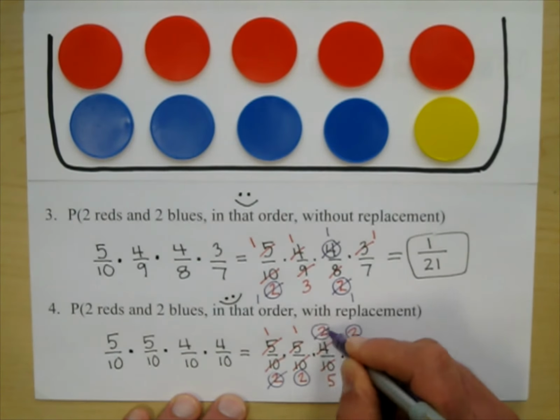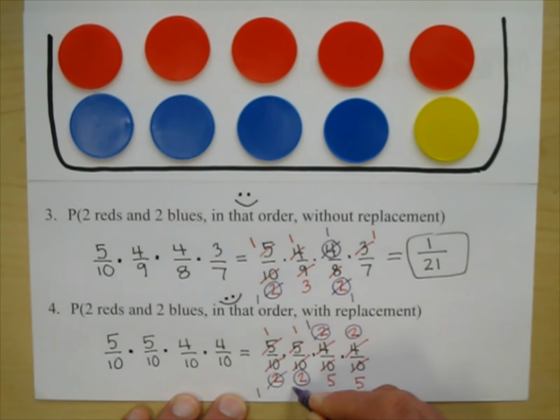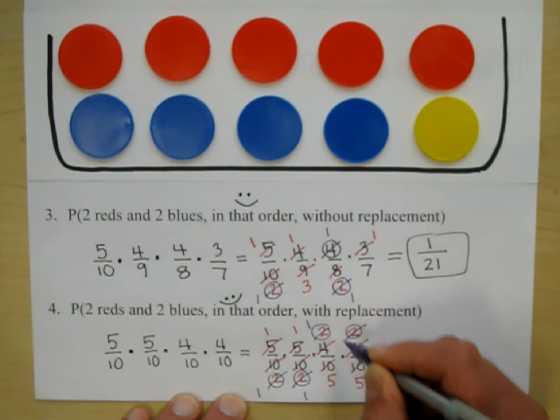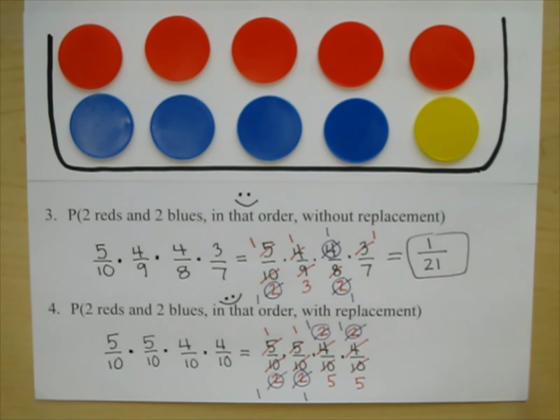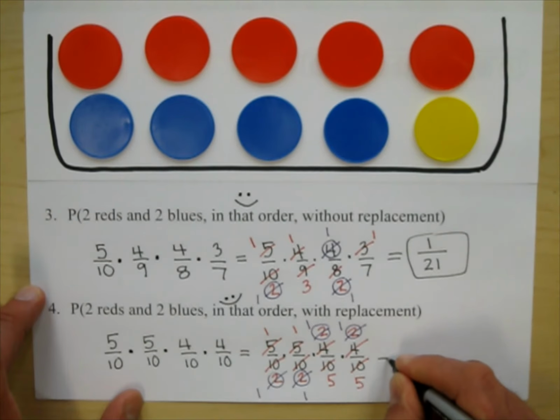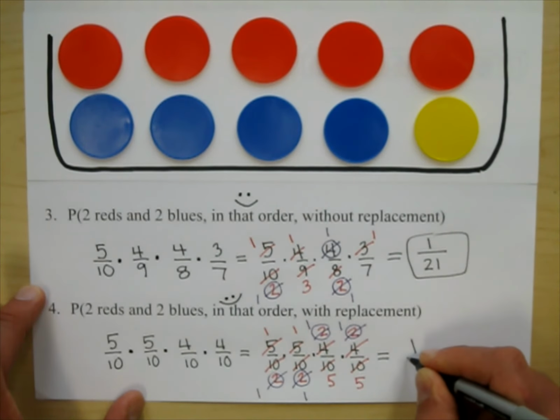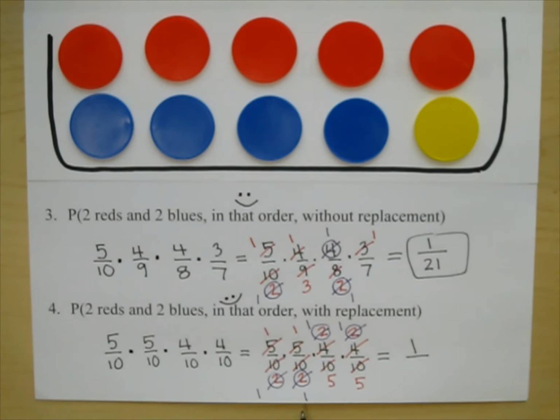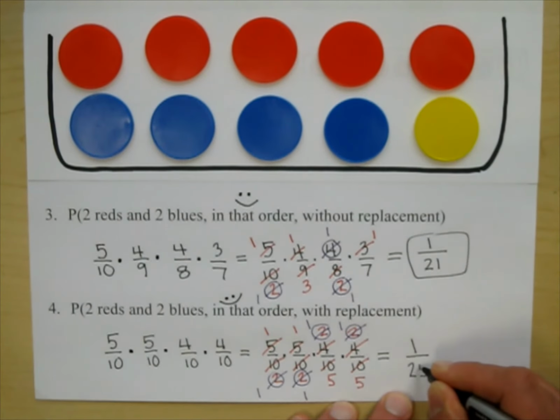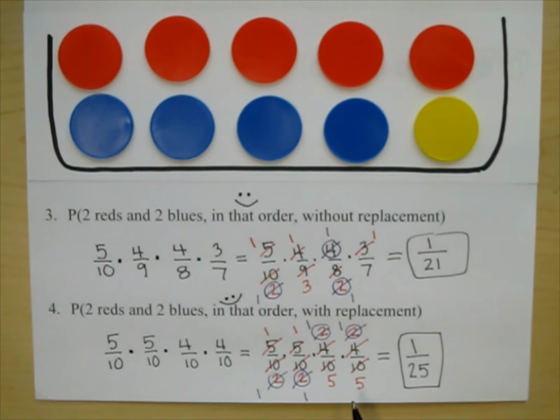And so you'll cancel, you'll get 1s there and 1s there. So on the top I have 1 times 1 times 1 times 1, which is 1. On the bottom I have 1 times 1 times 5 times 5, so 5 times 5 is 25. And so yeah, it does make a difference whether you have without replacement or with replacement. You see those probabilities are different.